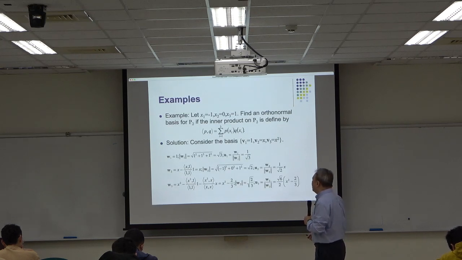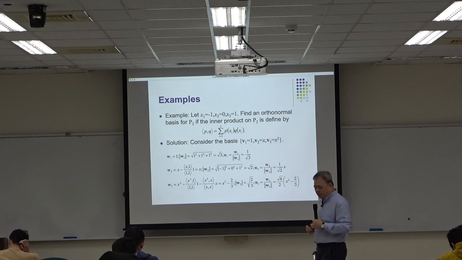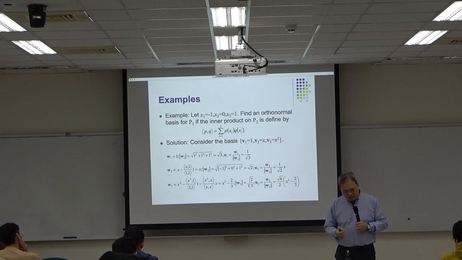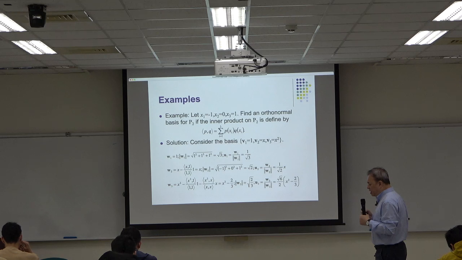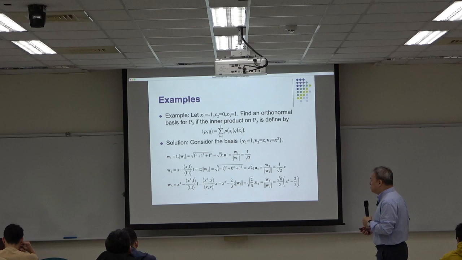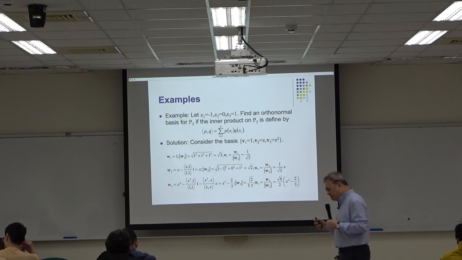Here we are trying to show a non-trivial example. Here we are trying to carry over whatever we have in an n-dimensional vector space into something that is not the space we usually consider.